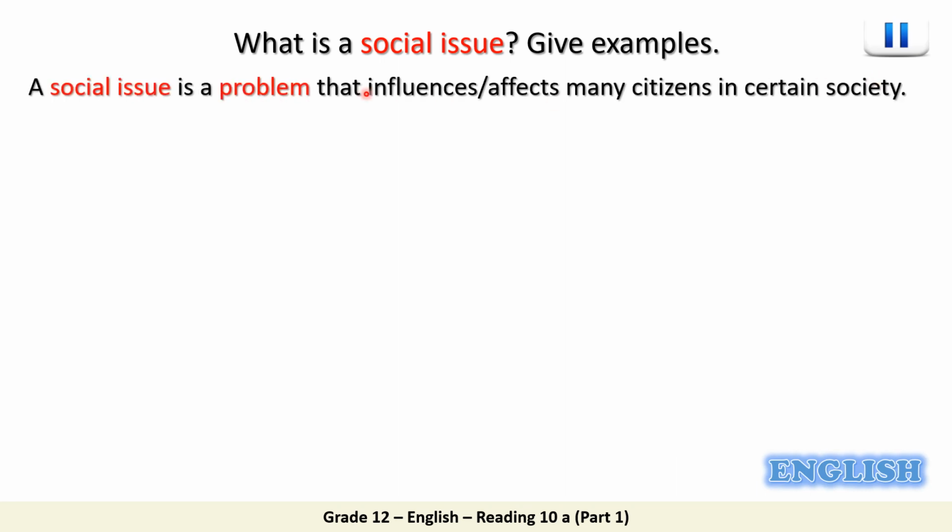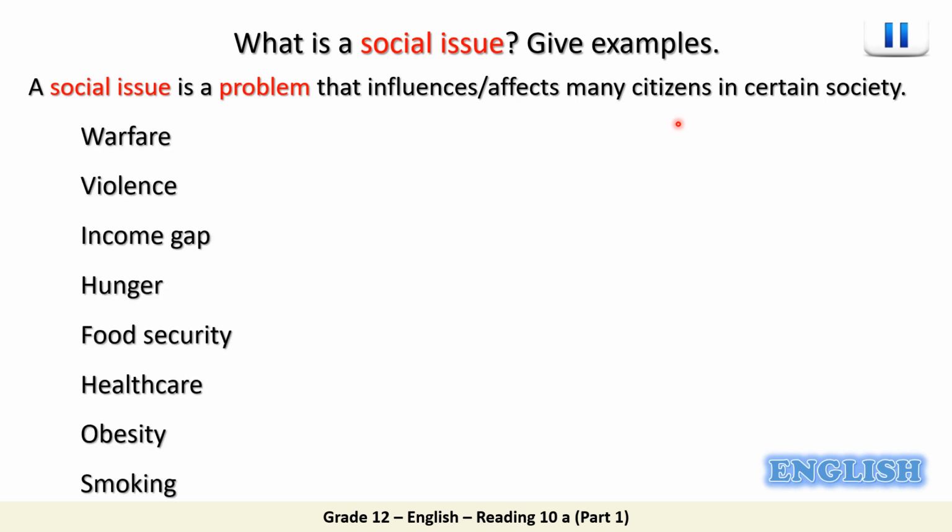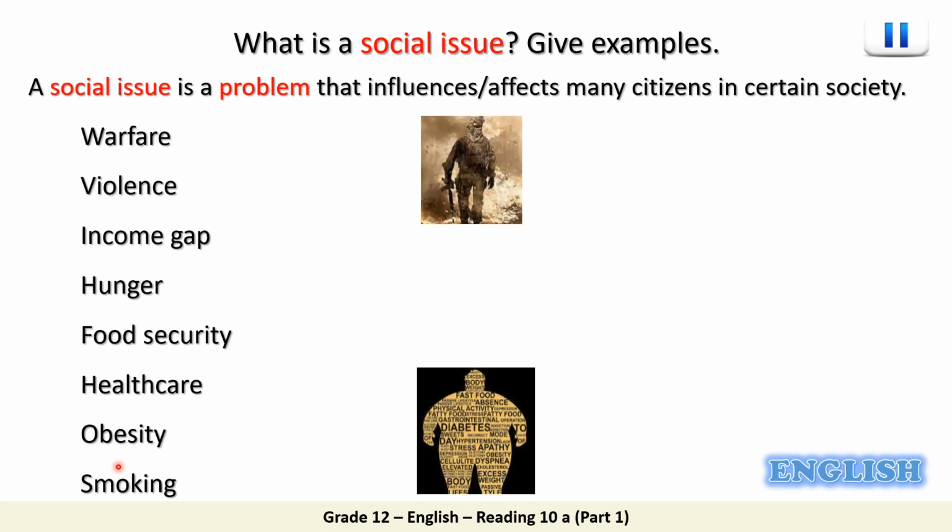A social issue is a problem, a catastrophe that influences or affects many citizens in a certain society, right? For example, warfare, violence, income gap, hunger, food security, healthcare, obesity, and smoking.